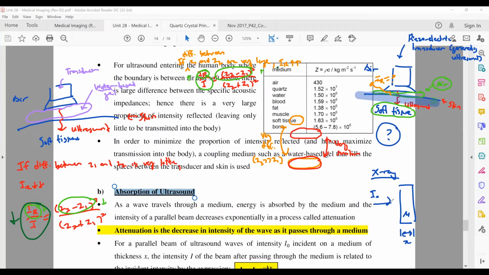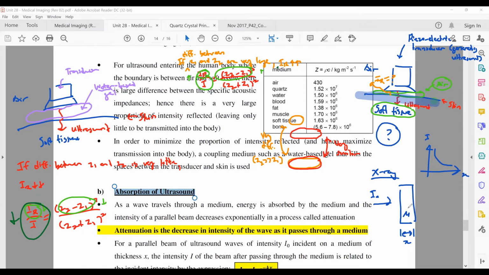Once this X-ray passes through the medium, its intensity will drop, because your X-ray is being absorbed by your medium. Its intensity will drop in this manner, like this, an exponential decay curve.